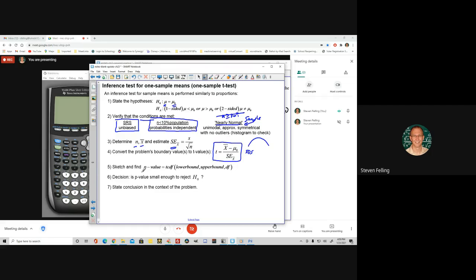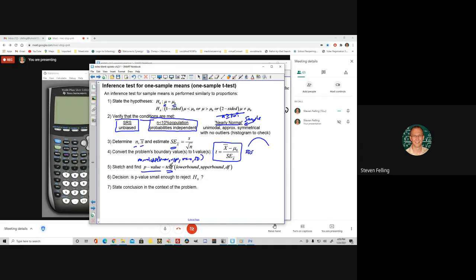And then when we calculate our p-value, instead of using the normal CDF function, our calculator has a t-CDF function that we can use. The reason we always have to calculate a t-score is because when we had normal CDF, we could enter a lower and an upper bound, and we could enter a mean and a standard deviation, because there was no degrees of freedom.